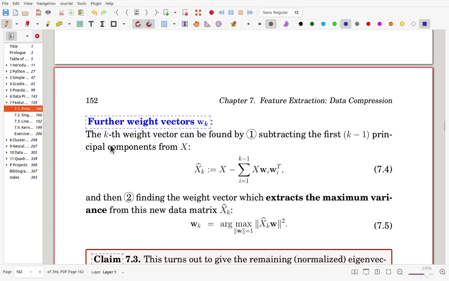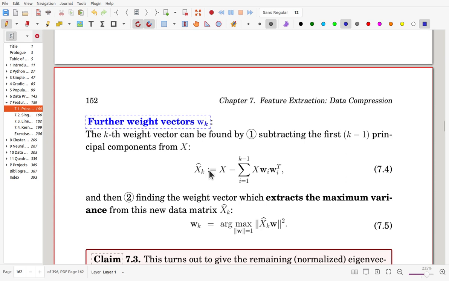Then to find the Wk, we do it in this way. Subtract the first k-1 principal components from X. So the mathematical formula is given in this way. We subtract the k-1 principal components from X. Then we say that is X k hat.